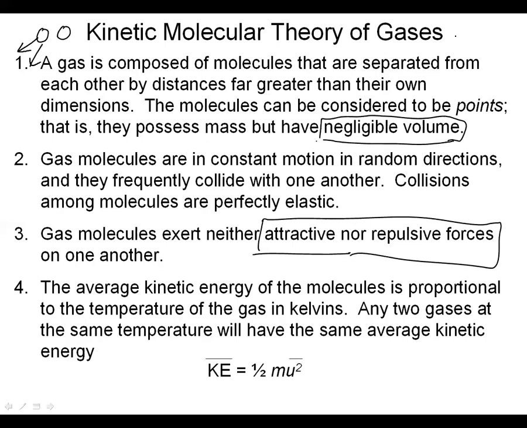Now, in a different situation, which we'll talk about at the end of this chapter, if there is some type of attractive force between these gas molecules, as this gas molecule at the end tries to fly away, he may feel some resistance because he's being attracted to another gas molecule, or he may fly away a lot quicker because he's repulsed by another gas molecule. And that is the difference between two types of gases that we'll talk about. Pretty much what we've been talking about is an ideal gas.